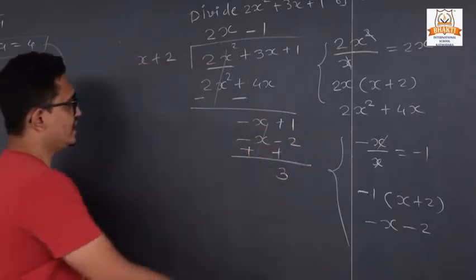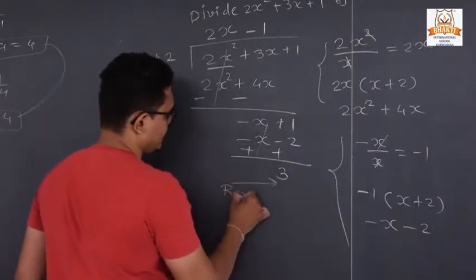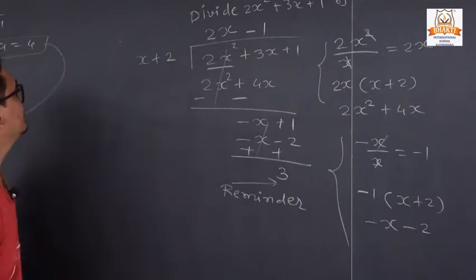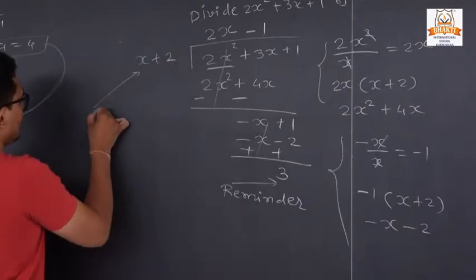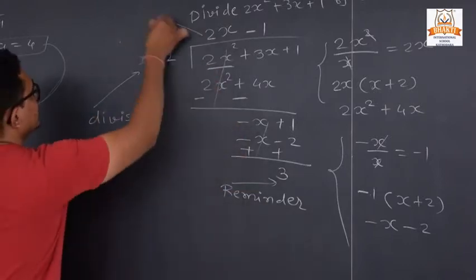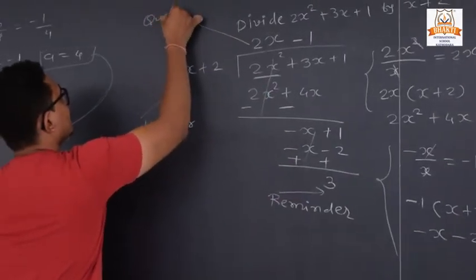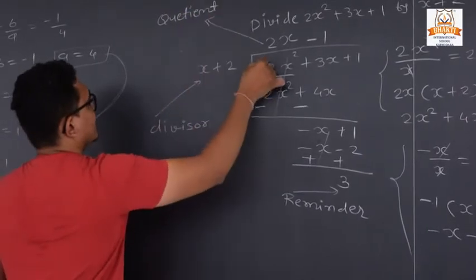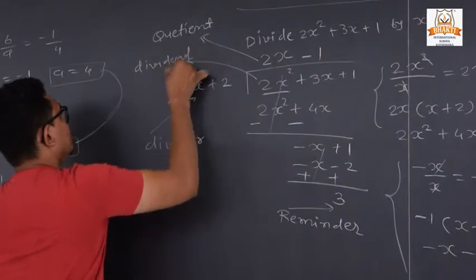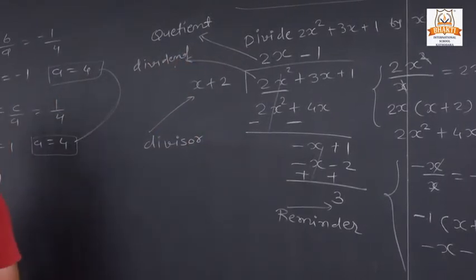So it means what? It is called our remainder. That is called the divisor. It is called the quotient, and that is our dividend.